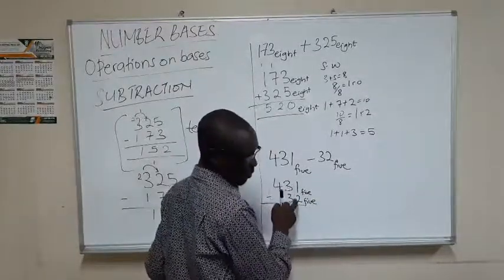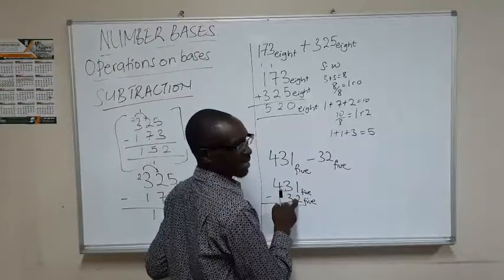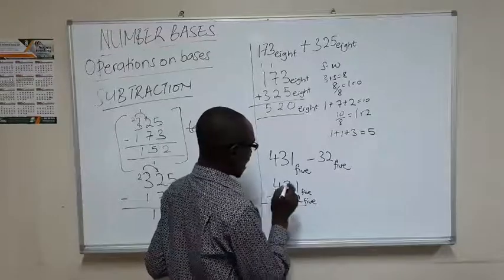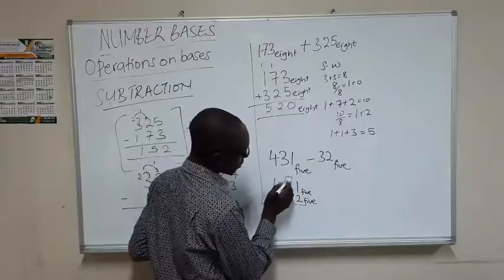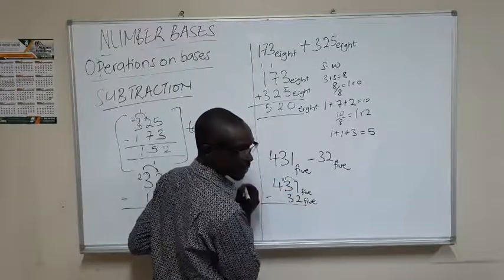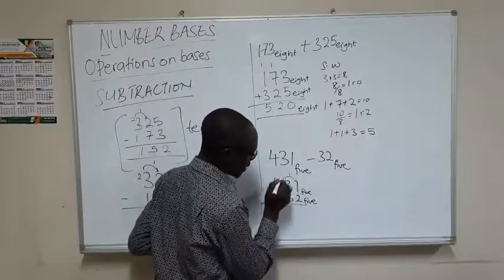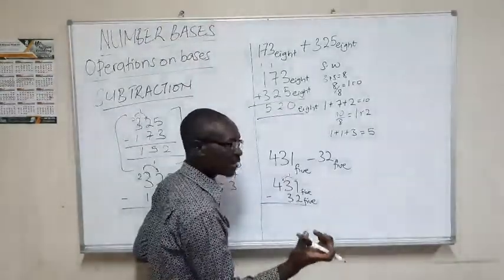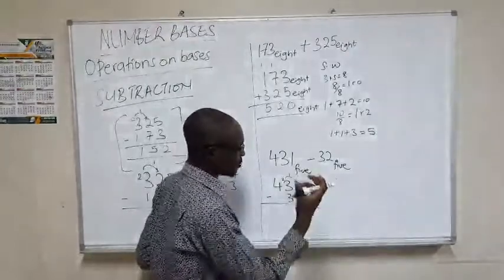1 minus 2, I can say it's impossible because we don't need negatives. I borrow a 1 from here to here. Therefore here, I remain with a 2 after removing a 1. The 1 I take here now contains 5 since we are under base 5.